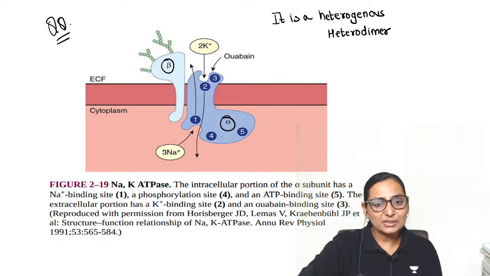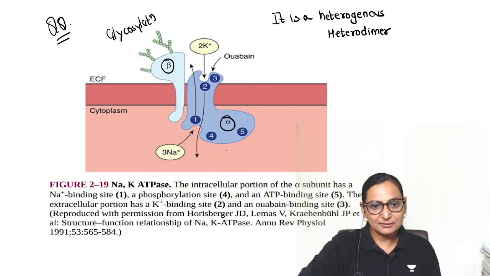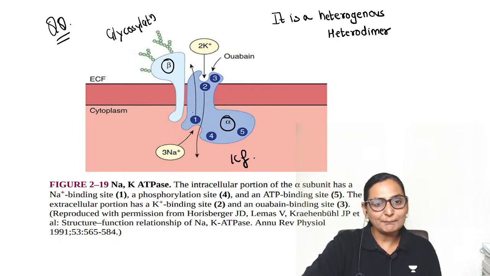The alpha subunit is actually the active one, because everything to bind is present on the alpha subunit, and the beta is only meant for glycosylation. On the inside, because you have to pump the sodium outside, towards the ICF you will have a sodium binding site, ATP site and phosphorylation site. And on the outside you will have a potassium binding site, because you will have to bring the potassium inside into the cell, and this is QBank.